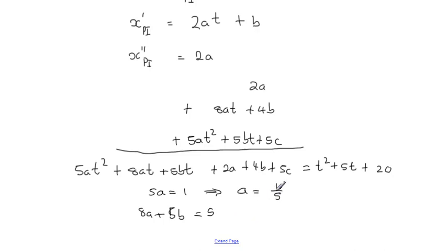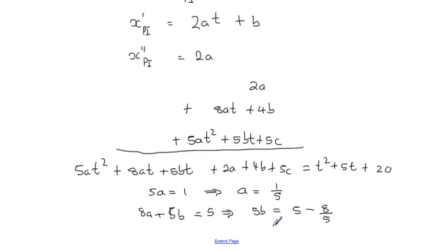Now knowing that a is equal to 1 over 5, this gives us that 5b is equal to 5 minus 8 over 5, by multiplying 8 times 1 over 5.